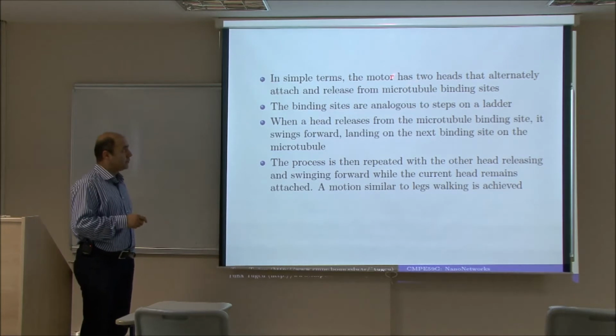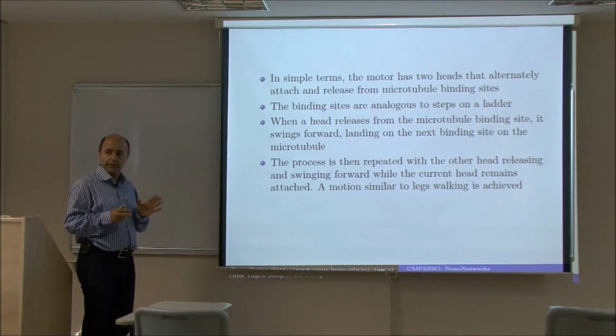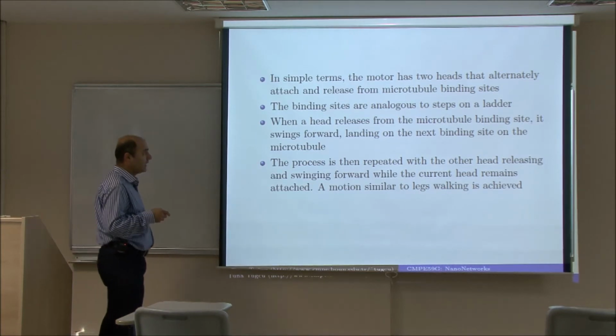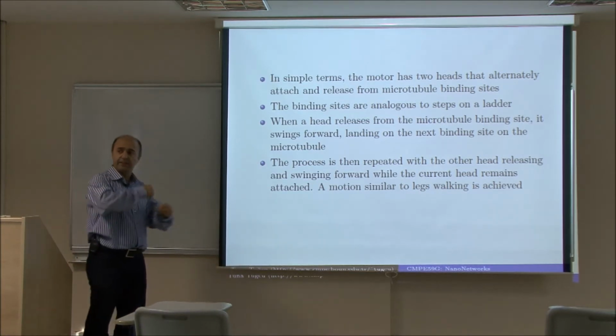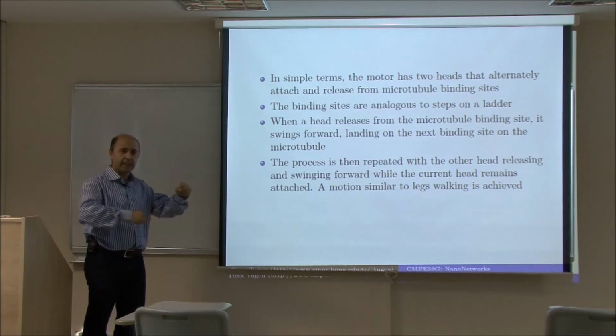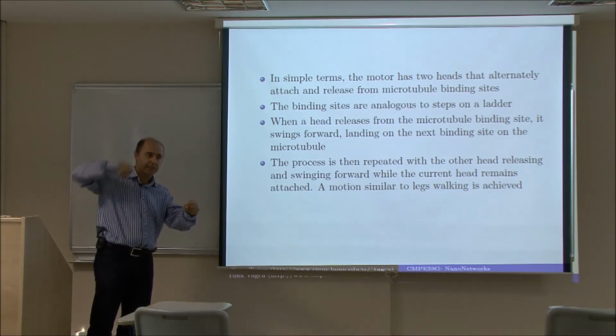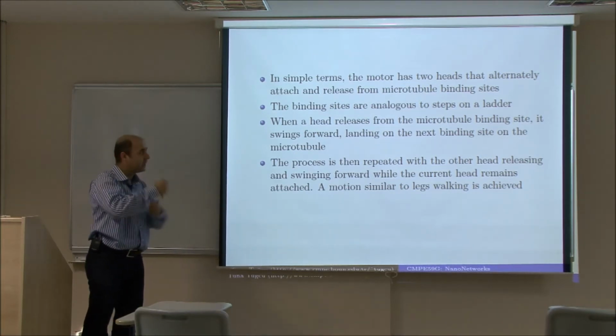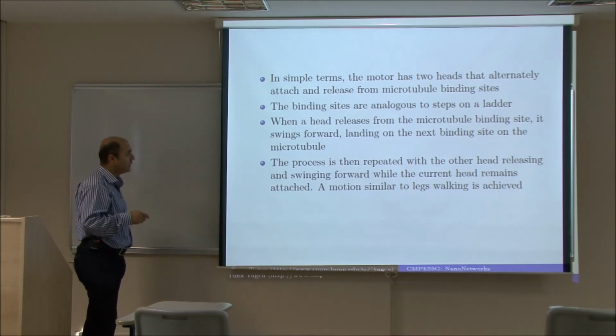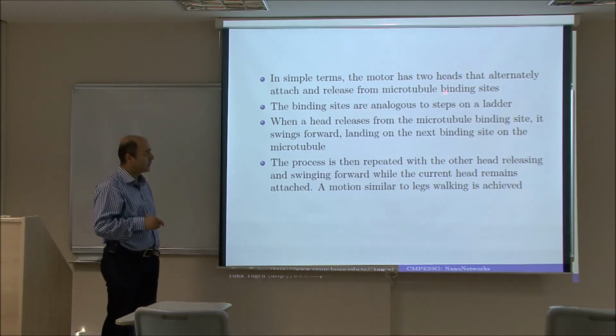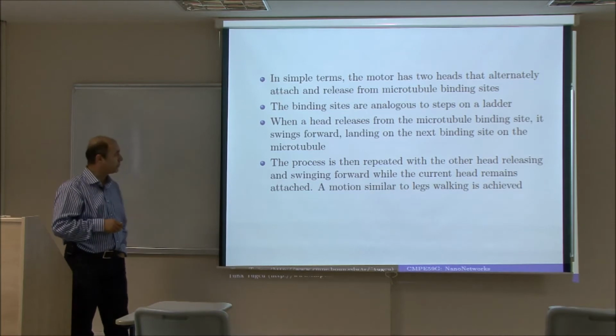So in simple terms, the motor, remember, has 2 heads which are attached to these rails. And these heads are alternating with each other, attaching, and the back one releases and comes forward and attaches again. And this is how it moves forward. The binding sites are therefore analogous to steps on a ladder, as we explained.